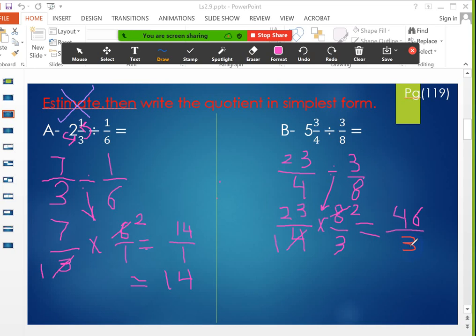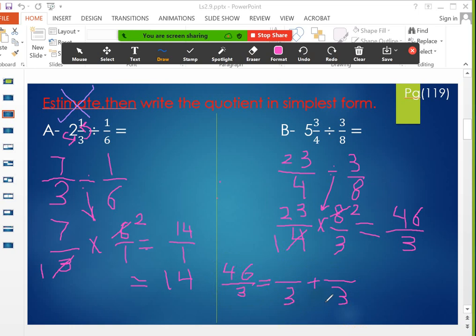Let's see. I have to break this fraction, 46 over 3, into two fractions. I want you to focus with me. The first one and the second one, I'll write as two fractions adding.